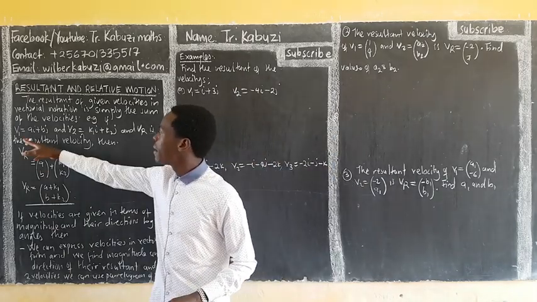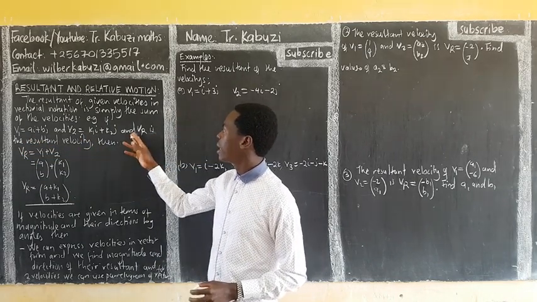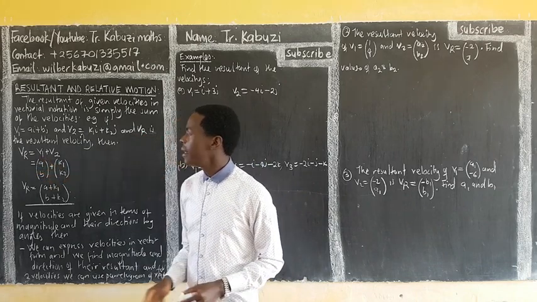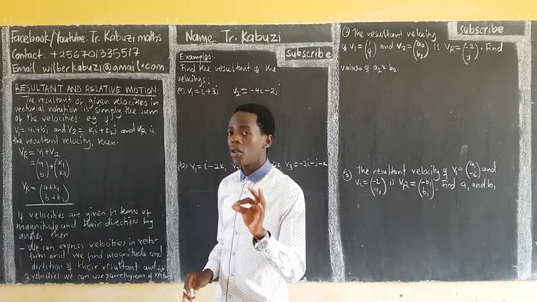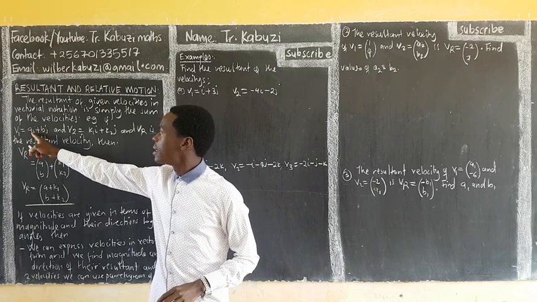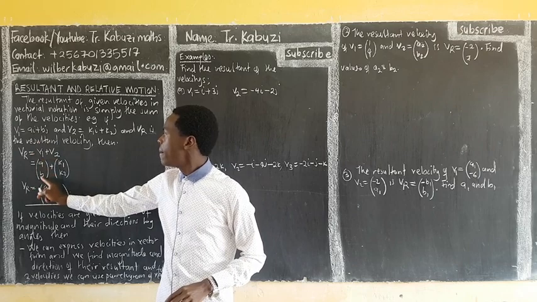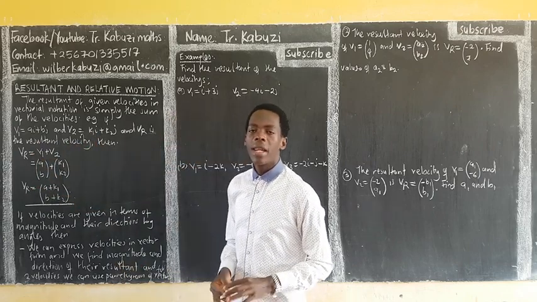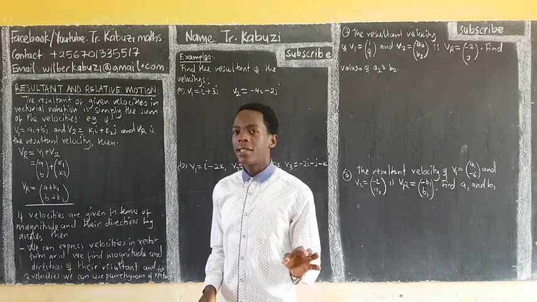So, for example, if they give you v1 equal to this and v2 equal to this, and then they want to get the resultant vr, then you sum v1 and v2 as long as they are giving it to you in a vectorial notation form. So ai plus bj, you can write them in a column form. So this one is a, b, then this one will be k1, k2. Then you sum them with ease. So when they give you vectors in a vectorial notation, that is the easiest to get the resultant.